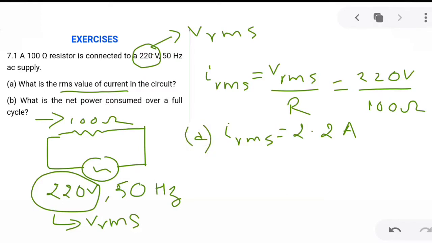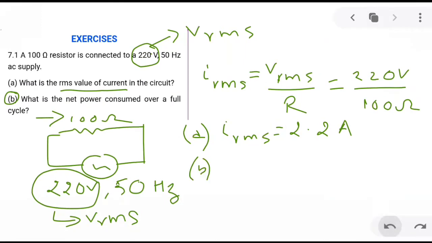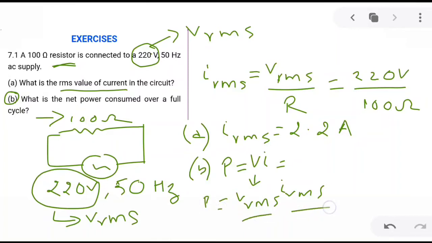Now in the next part B, what is asked? What is the net power consumed over a full cycle? Power is the product of voltage and current. Here in the case of a resistor, you don't have to worry about the phase because voltage and current are in the same phase. So simply take the product of VRMS and IRMS.